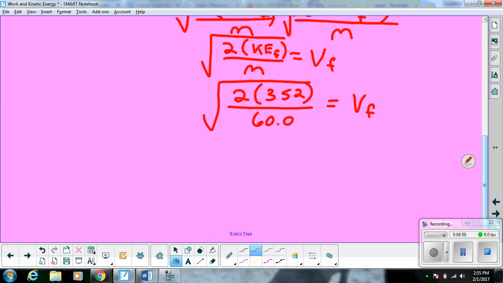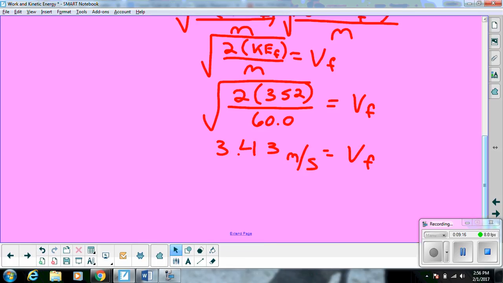I'm going to end up with a final velocity of 3.43 meters per second. So this is a good example of how we use the work-kinetic energy theorem.